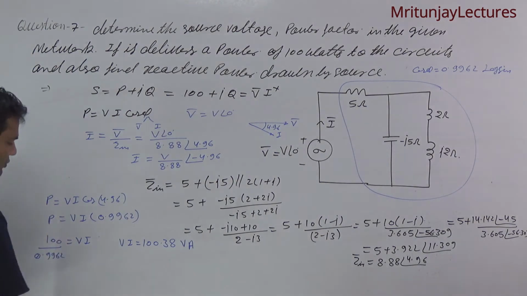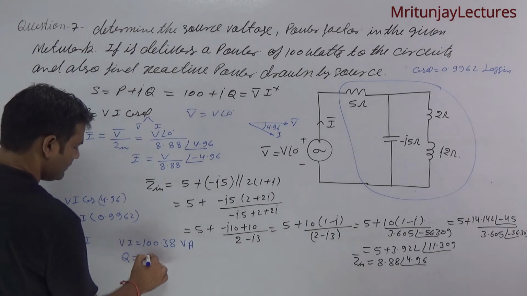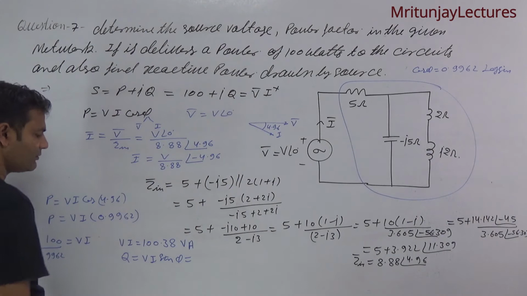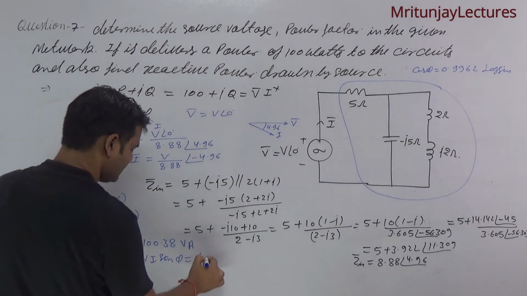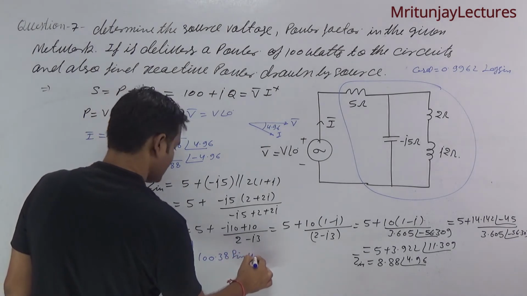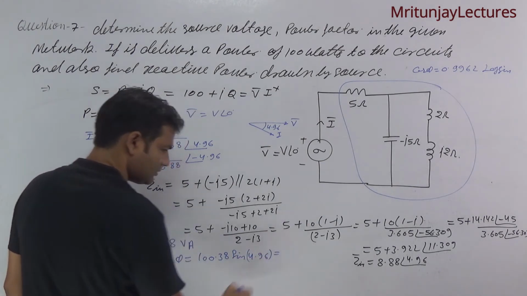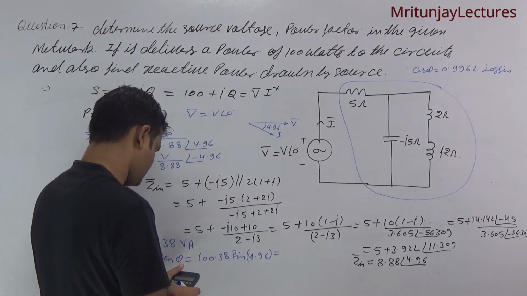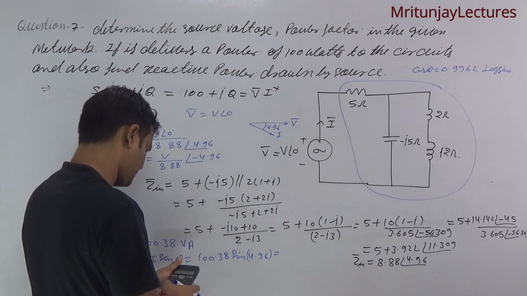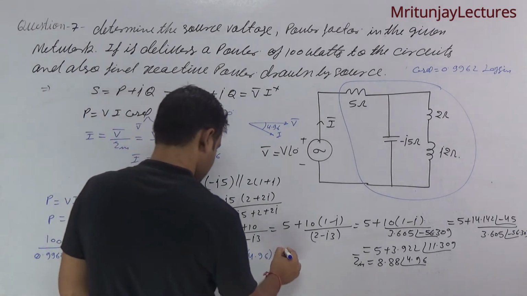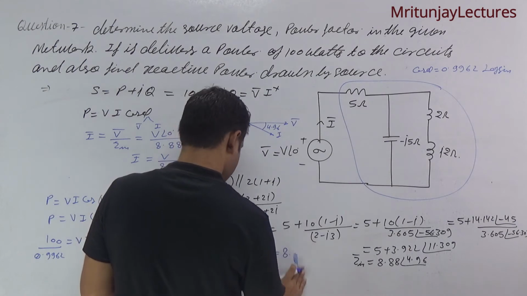Clear? Now next target. What about Q? Q is equal to VI sin phi. VI is 100.38, sin phi is sin 4.96, so it is written simply as 100.38 into sin 4.96, that is 8.67.